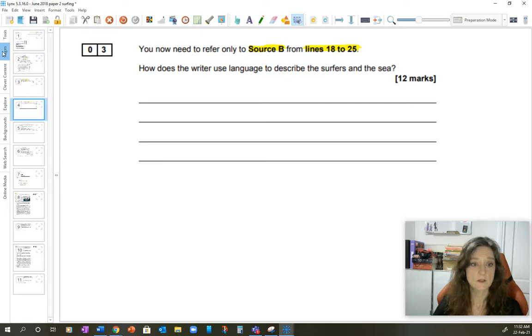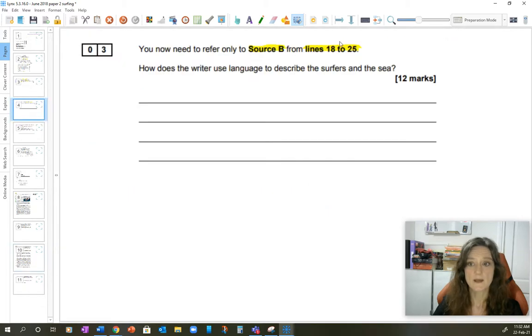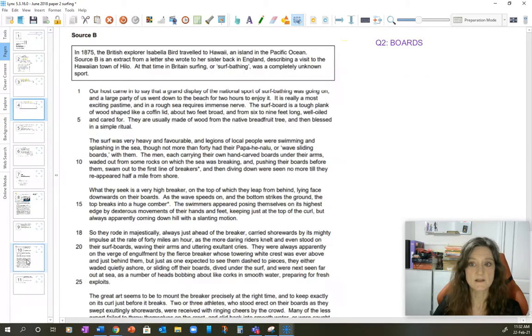So I'm going to go back to source B. So here's source B, and I've forgotten already what lines it said to look at. So I'm going to go back there. 18 to 25. Okay, 18, 25. Right, 18's marked up for me there. Look. It's just this paragraph basically, isn't it?